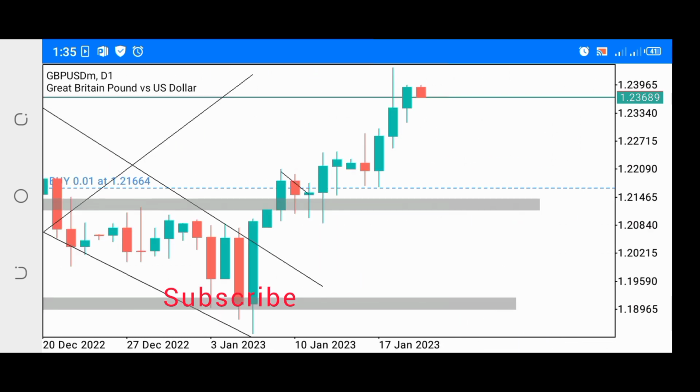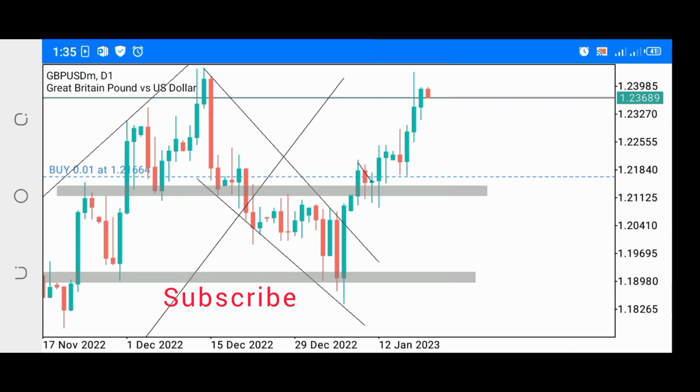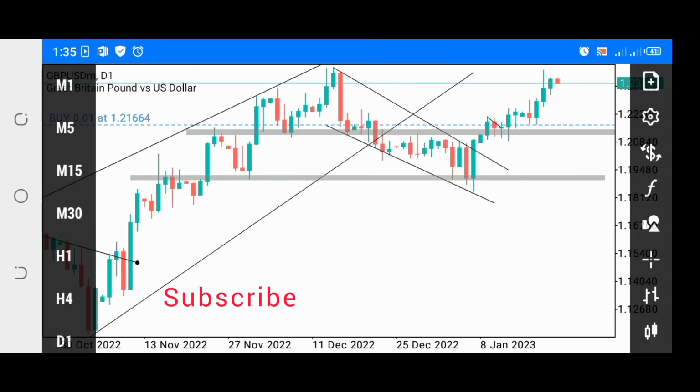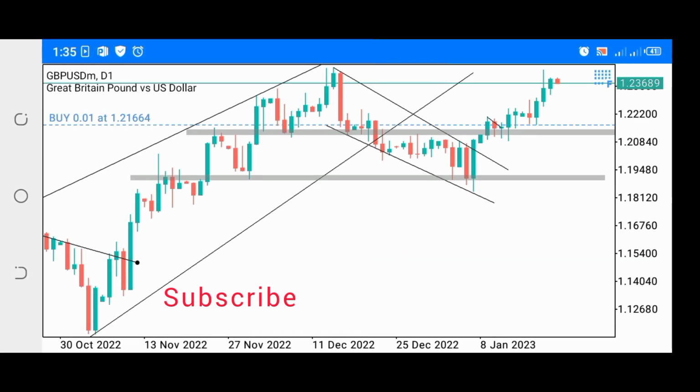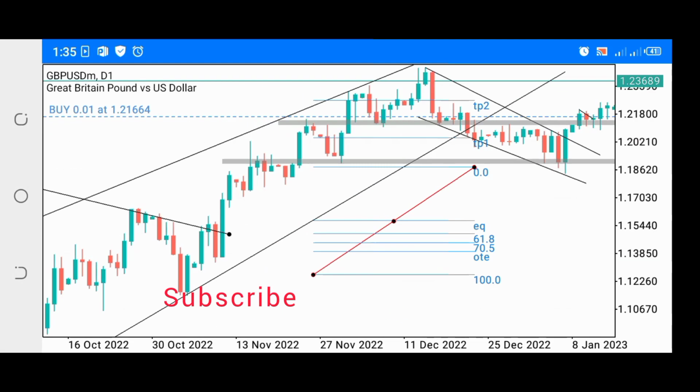So the second point is we use the Fibonacci retracement tool to illustrate equilibrium. Let me get the Fibonacci tool for you guys. So we have our Fibonacci right here.